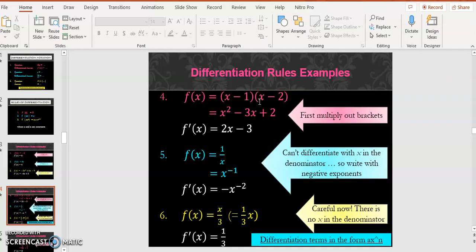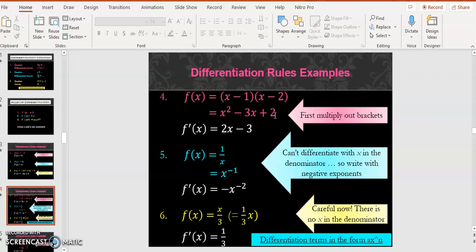So minus 2x minus 1x, or minus x, is going to give you minus 3x. Then minus 1 times minus 2 will give you plus 2.